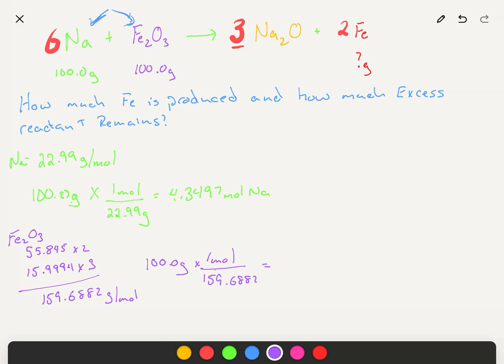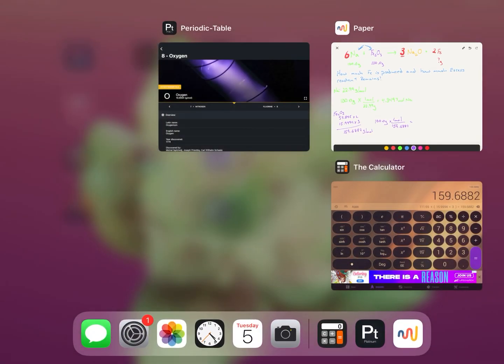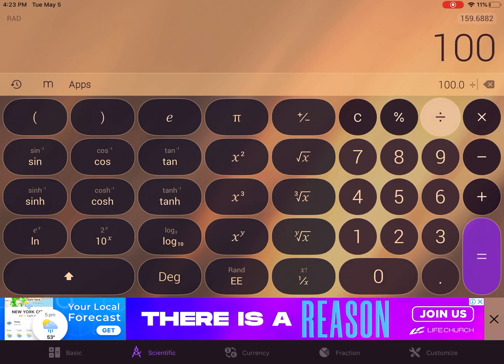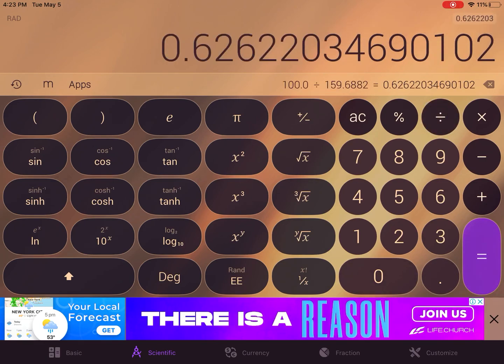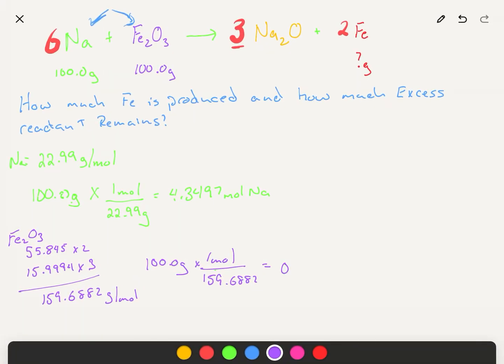And we will find that at the beginning we have 0.6262 moles of Fe2O3. So those are calculations we've been doing, consistently getting the same answers. So we know how to do those calculations. And now we need to move on to the limiting reactant.